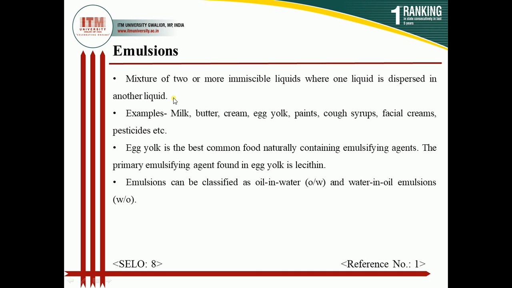They are never going to mix with each other. So these come under the category of immiscible. And the whole process in which a liquid mixture becomes an emulsion is called emulsification. And the term emulsion basically came from the Latin word meaning to milk.